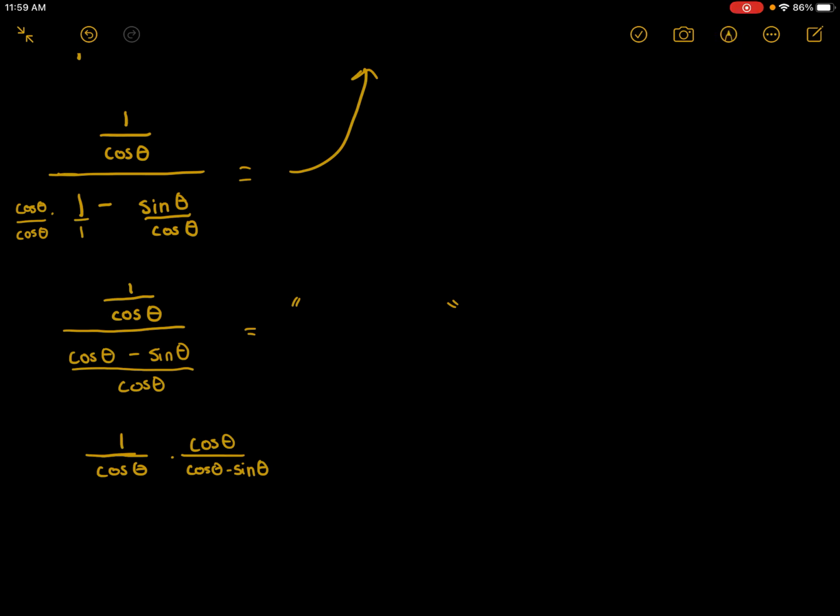Anytime we divide by a fraction, multiply by the reciprocal. And so the cosine thetas will cancel, and we end up with 1 over cosine theta minus sine theta. And that is exactly what we were trying to verify.